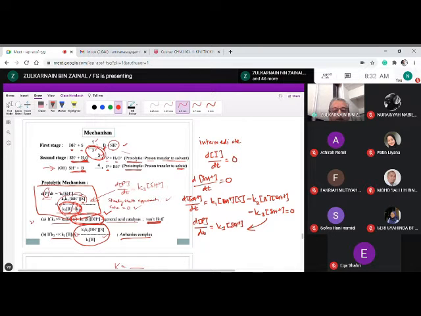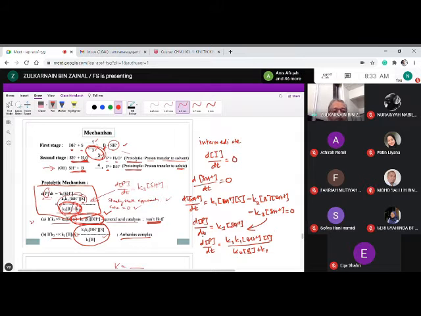So meaning that you'll be able to see, dp/dt then is K3 K1 BH plus S over K2B plus K3.